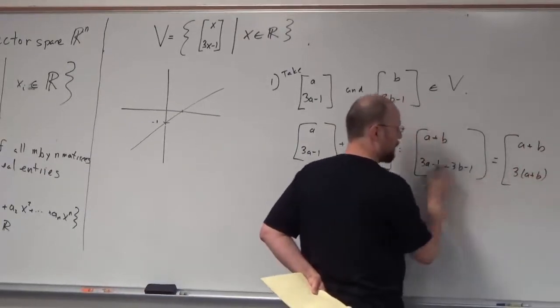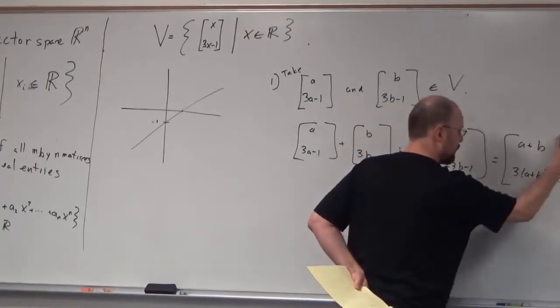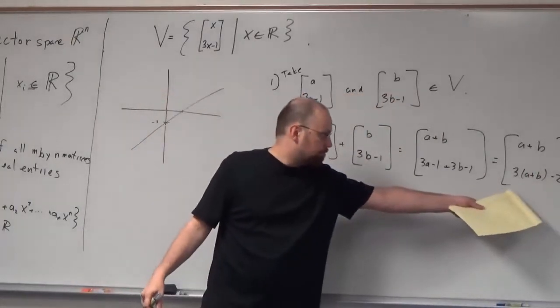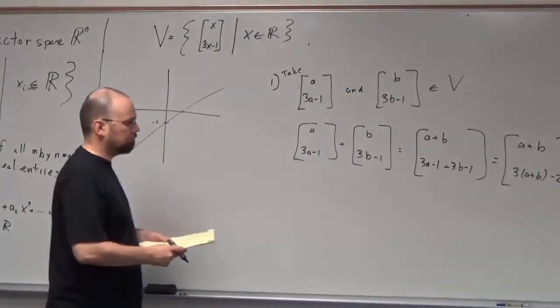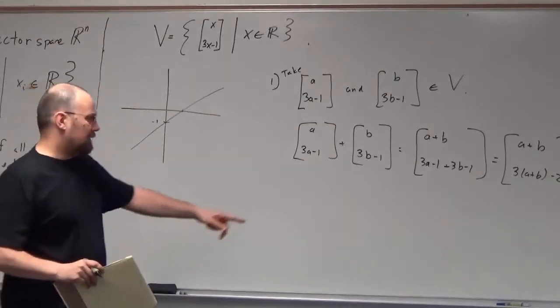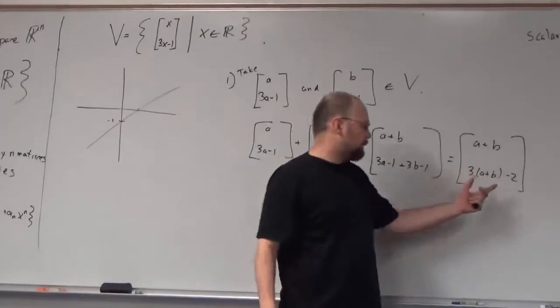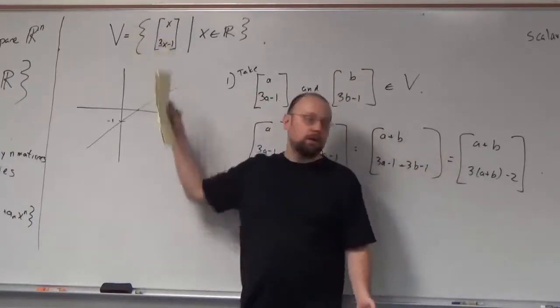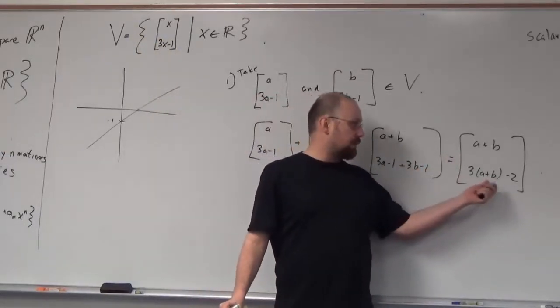By all the properties of real numbers we have this. So what's wrong with this result? Yeah, it's a -2 instead of a -1. So this no longer has the form where the first entry is any real number and the second entry is 3 times that number minus 1.